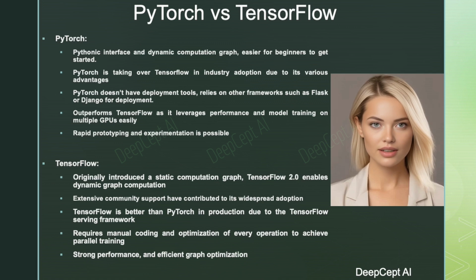However, achieving parallel training in TensorFlow requires manual coding and optimization of each operation. Nonetheless, TensorFlow boasts strong performance and efficient graph optimization capabilities. Overall, the choice between PyTorch and TensorFlow depends on specific project needs and preferences regarding ease of use, deployment, and production readiness.